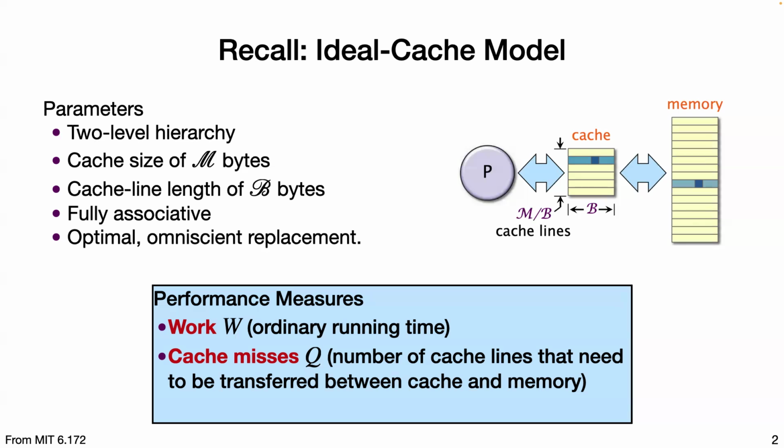And so the cache lines are size B, and you have M over B cache lines because you have M bytes, and each line is B bytes. The memory has unbounded size, and the cache has bounded size. And we are only talking about one processor here, so we're not talking about parallelism for now.